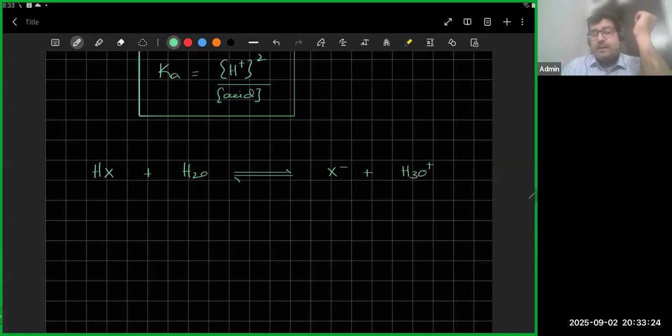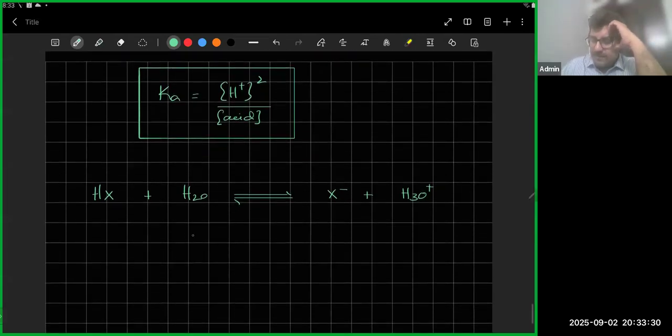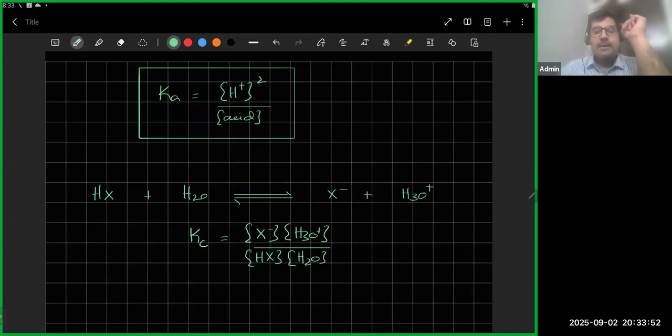So sometimes you're going to see a slightly different version of the expression, which is Kc: X minus 1 concentration times H3O plus 1 concentration divided by the reactant concentration, which is HX and H2O concentration. But remember, the trouble is that water in the aqueous state is in large excess. So water concentration is considered to be a constant.